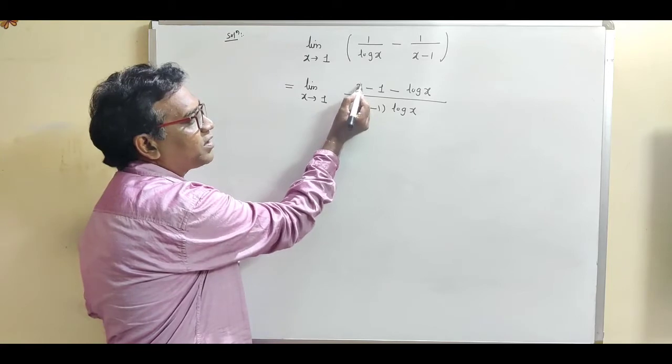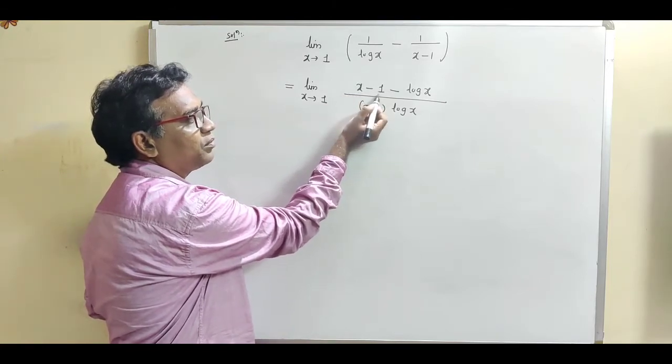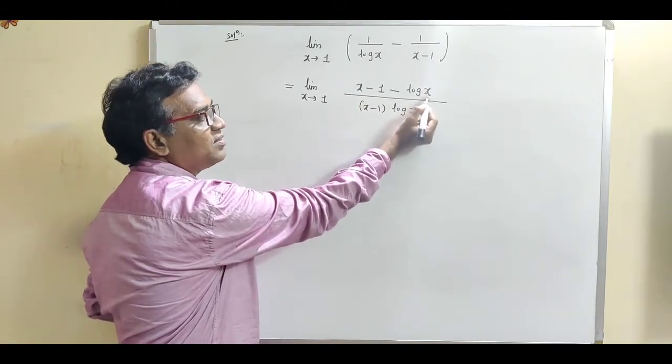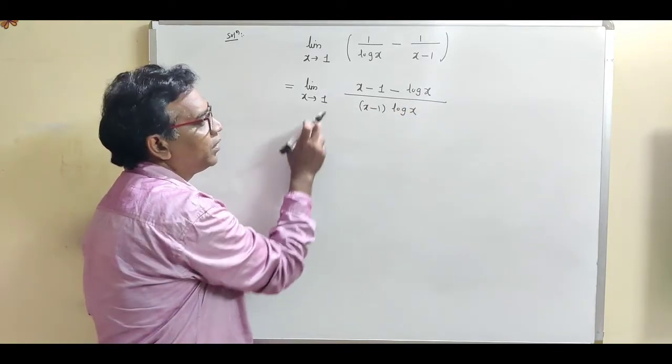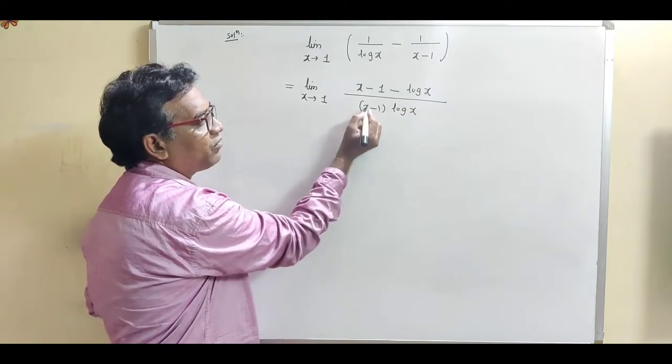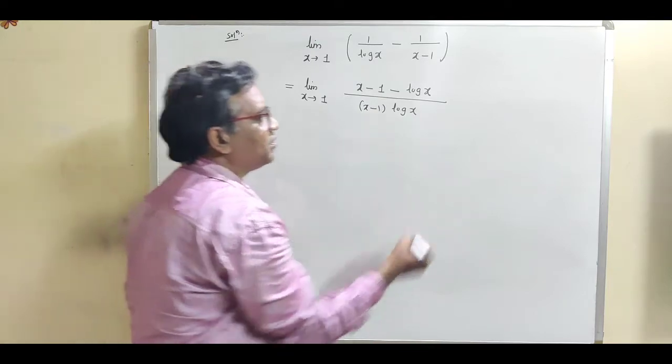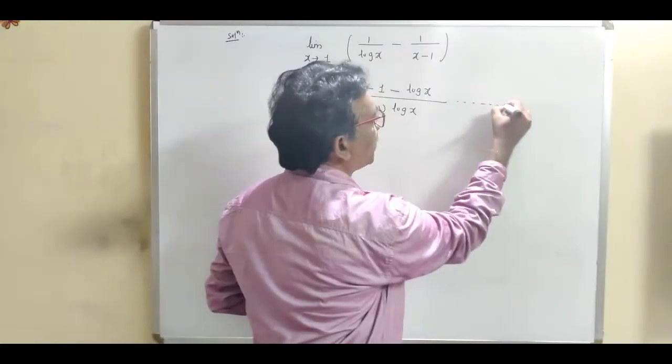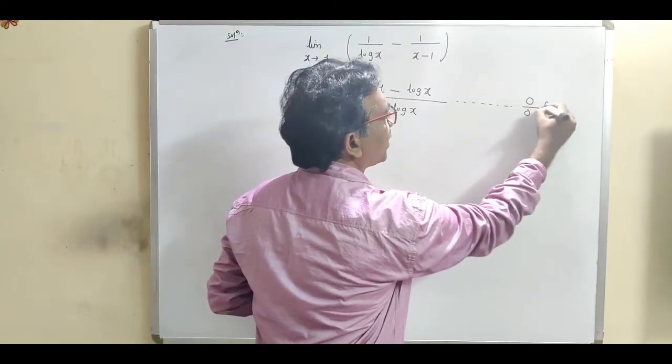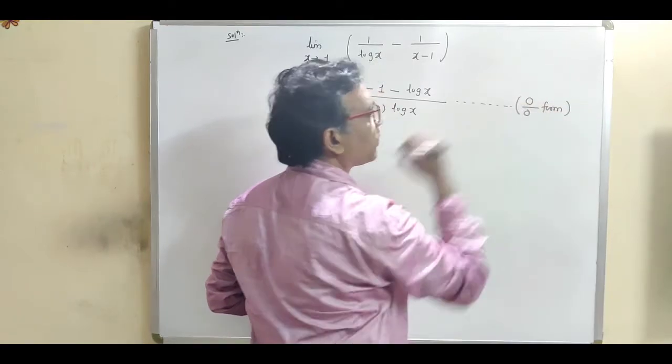Now if you put x equal to 1, 1 minus 1 is 0, log 1 is again 0, so the numerator will be 0. Put x equal to 1 in the denominator, 1 minus 1 is 0, so everything will be 0. So this is the proper form, which is 0 by 0 form.